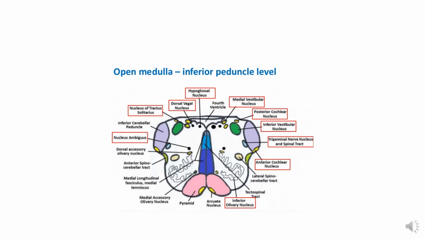In this section you can see that the gray matter has increased in amount owing to the presence of olivary nuclear complexes. The nuclei of vestibulocochlear, glossopharyngeal, vagus, accessory and hypoglossal nerves, and the arcuate nuclei are also seen.